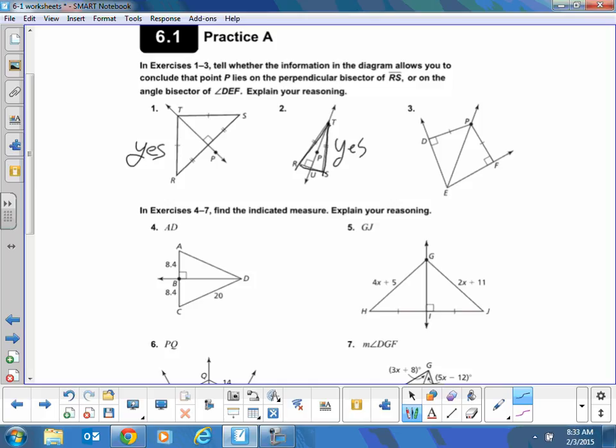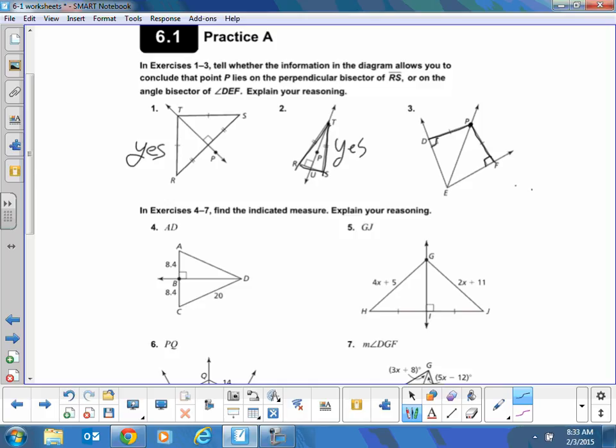That one's no. Now, this one's asking about an angle bisector. Does DPE bisect angle DEF? And we know it does because it is equidistant to the sides of the angle when it hits it at a perpendicular angle.